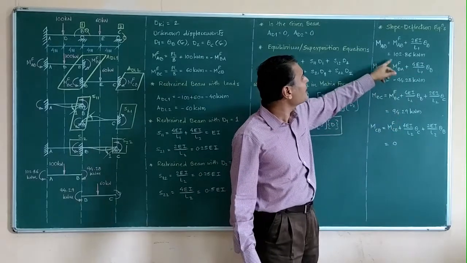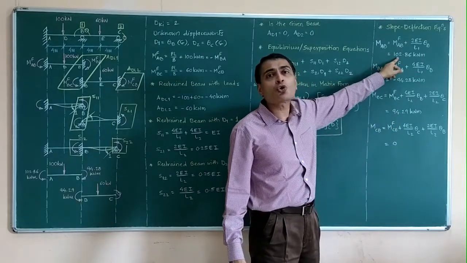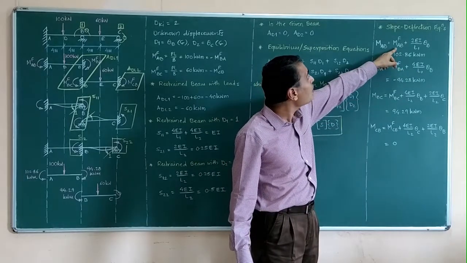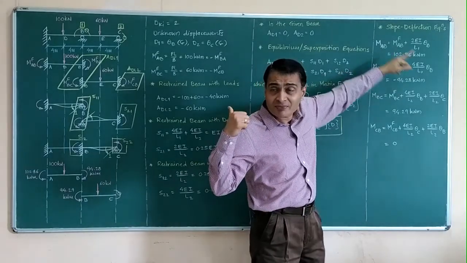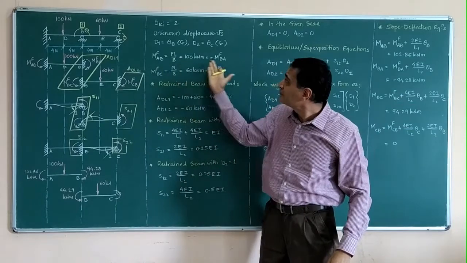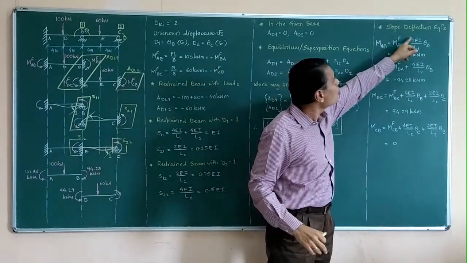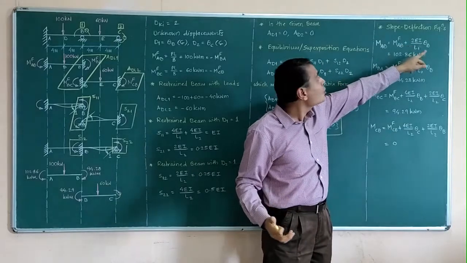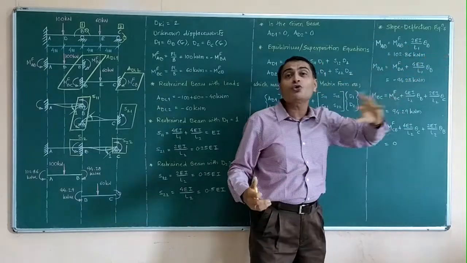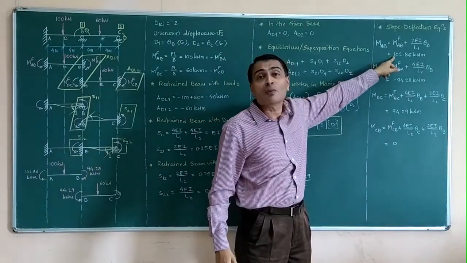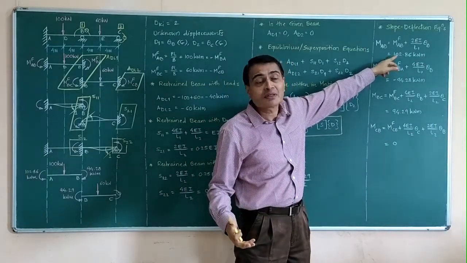Substitute, you are getting M of AB as 102.86 kilonewton meter. This you have already calculated, MF AB. 2EI upon L1 you can substitute, theta B you can substitute, EI will get cancelled and you will get about this answer.